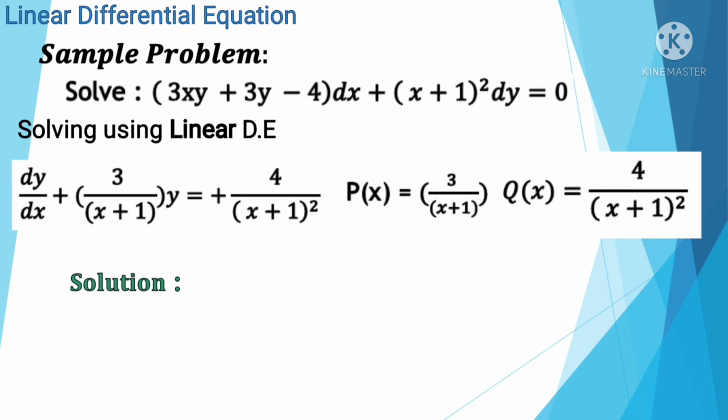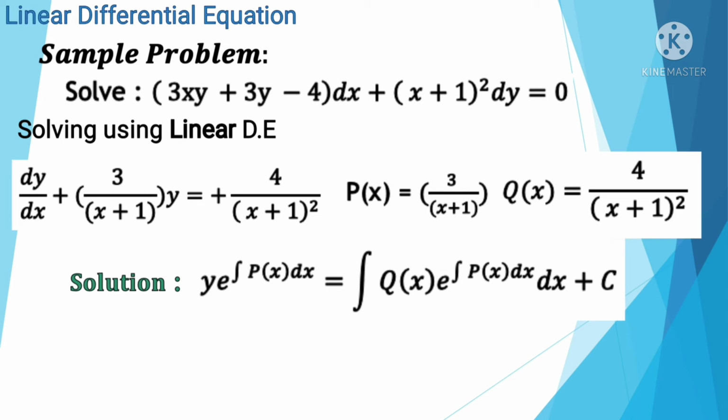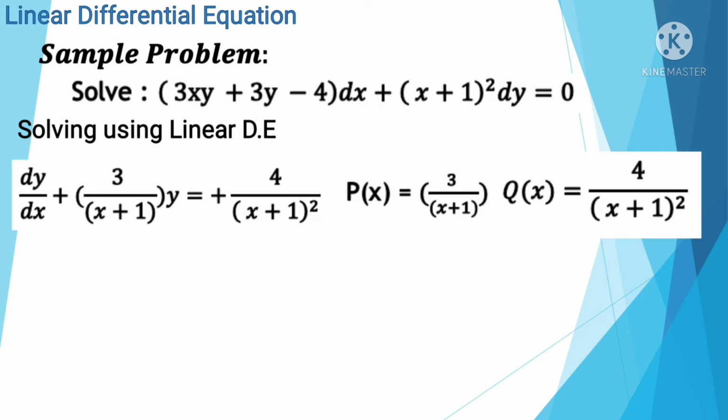And as previously mentioned, the solution for linear in y is y times e raised to the integral of p of x dx is equal to the integral of q of x times e raised to the integral of p of x dx plus c. Now, to solve this, let's solve the integrating factor e raised to the integral of p of x dx.